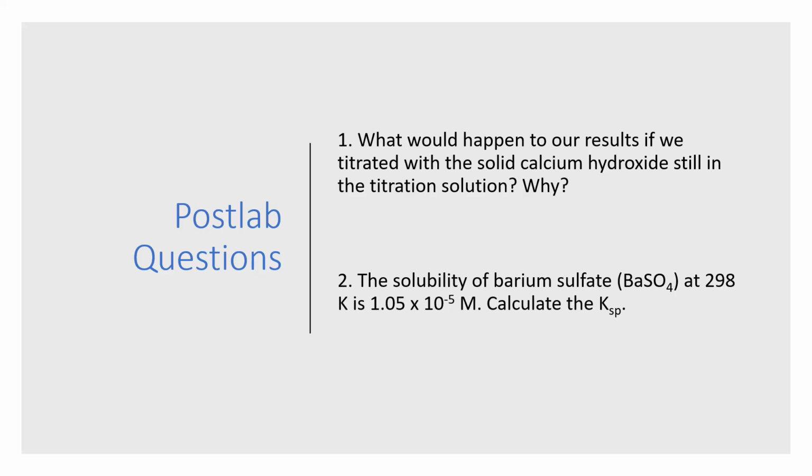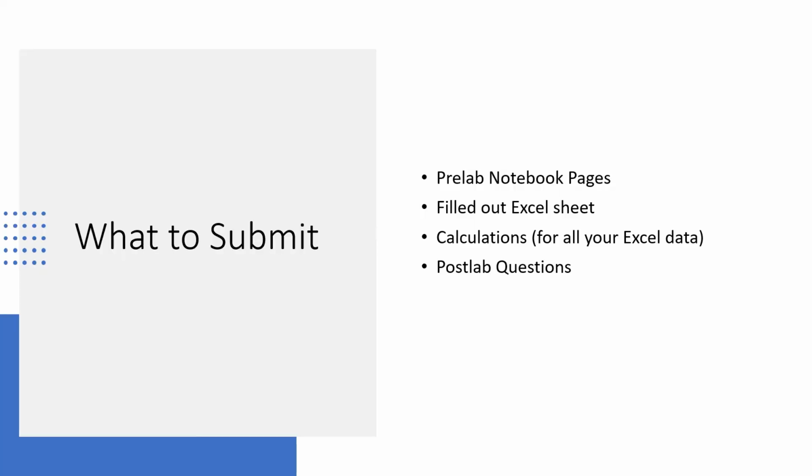Just as a hint, this is a 1-to-1 stoichiometric equivalence of barium and sulfate, so that might help you out for calculating this. Finally, for full credit, you need to submit your pre-lab notebook pages, just as if you were coming to lab in person, your filled out Excel sheet, your calculations for all your Excel data, and then your 2 post-lab questions.